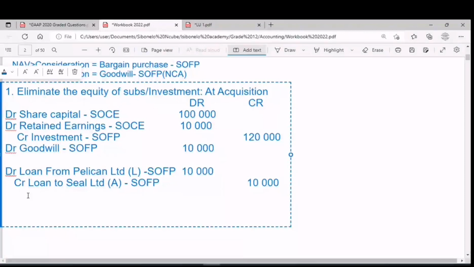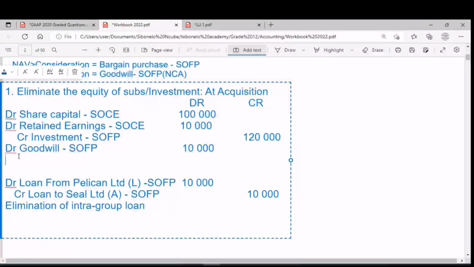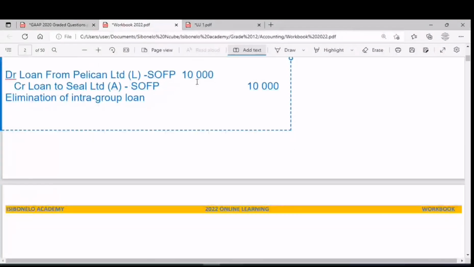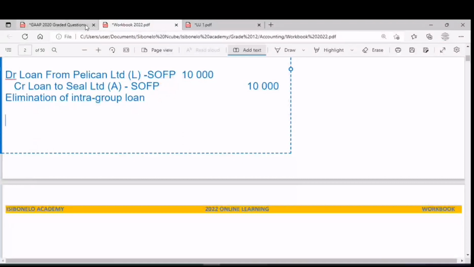Most of the time they will say ignore, or that narrations are not required, only journal entries. But if they do want narrations, it's easy, guys, to narrate. When you narrate you tell them what this entry is and what is happening. So the narration here is elimination of intra-group loan. For the earlier entry, we would write elimination of equity of Seal Limited subsidiary company, or elimination of investment. So it's easy to narrate. Okay, then we again have the issue of interest.